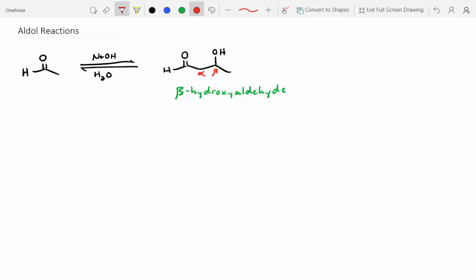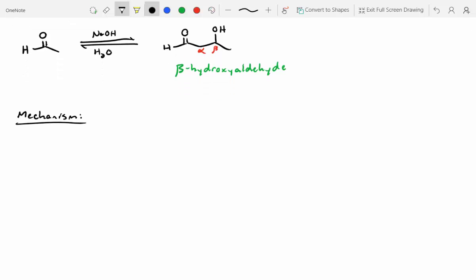Let's try to figure out what the mechanism is for this. So we've got this aldehyde, and we're going to treat it with sodium hydroxide. What's this aldehyde called to begin with? What's the starting material called?